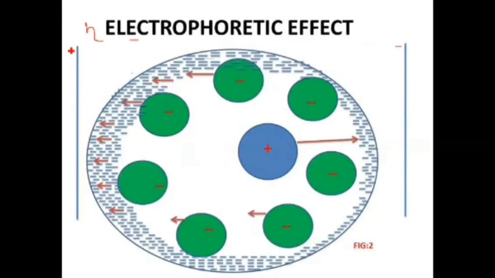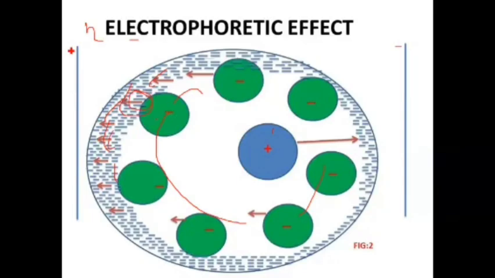Here, see this one, these are the solvent molecules. This is the ionic atmosphere, and this is the central ion. The solvent molecules associate with the ionic atmosphere. These are the solvent molecules which are present along the ionic atmosphere.